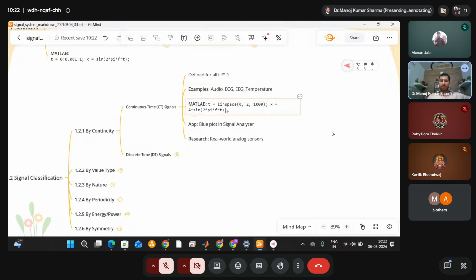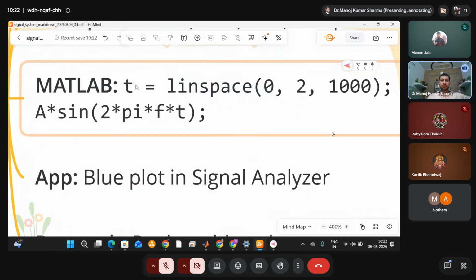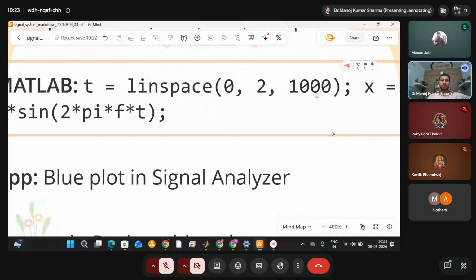In MATLAB, if we want to plot this continuous time signal, we can use another method of generating the time vector, and that function is t = linspace. The first argument is the initial point, the next is the end point, and then the last is the number of points between the starting and ending numbers.